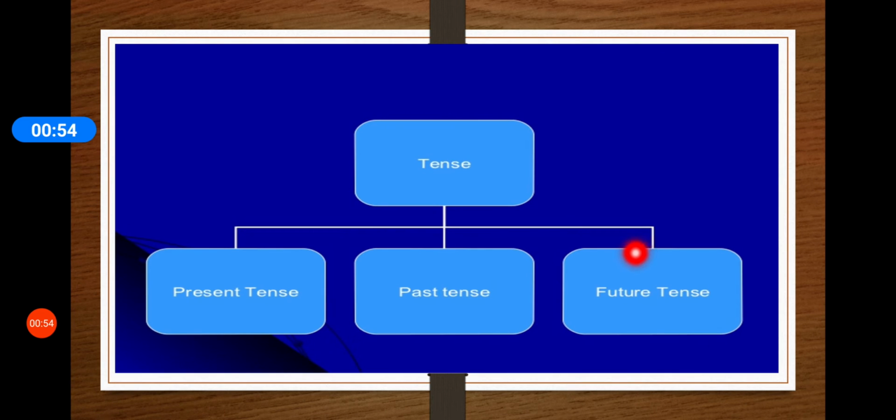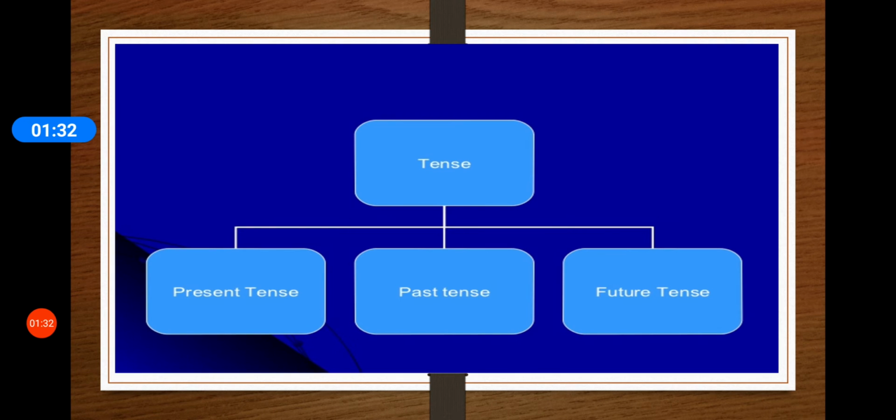If the action has already taken place, it comes under the category of past tense. If the action is going on right now, it happens in the present time, it comes under the category of present tense. And in case the action is yet to happen, that means it will happen in the coming time, then it would come in the category of future tense.